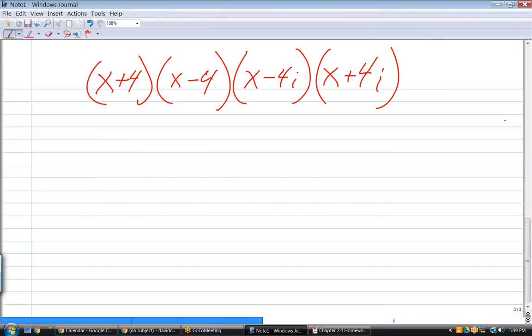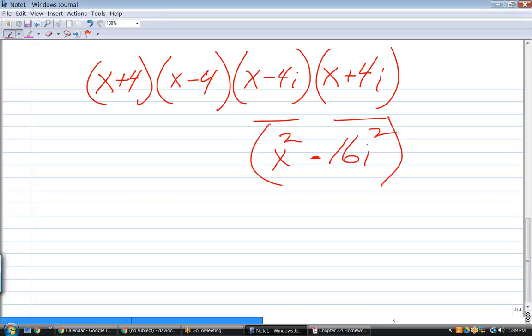X plus 4 and x minus 4. Well, I can immediately get rid of the complex numbers by multiplying that by that. Notice that that's the difference of squares already factored, right? So I know that I can multiply that really quick. It's x squared minus 16i squared. Notice that if you started with that, you'd factor it into x minus 4i and x plus 4i.